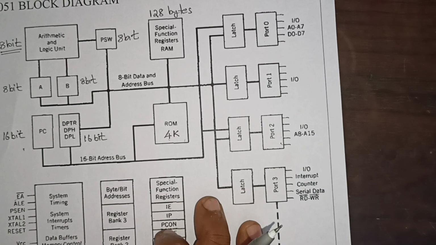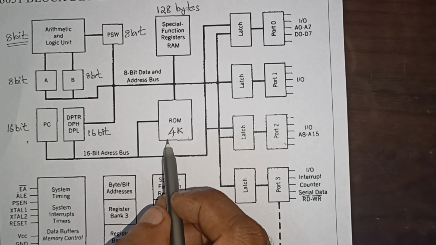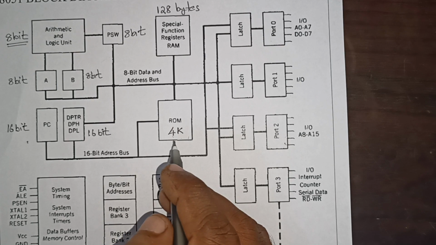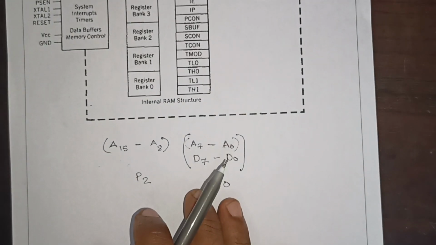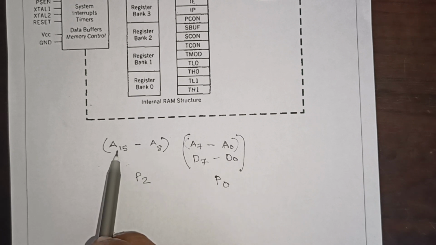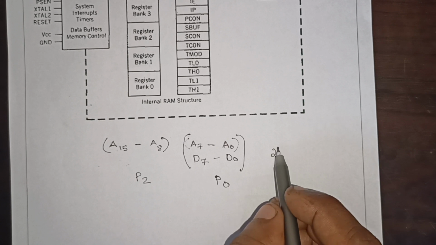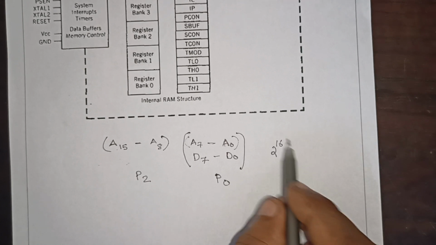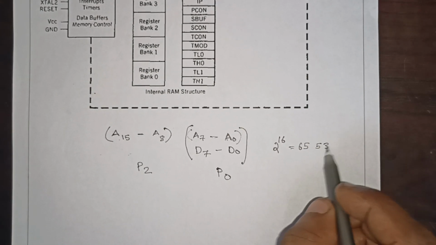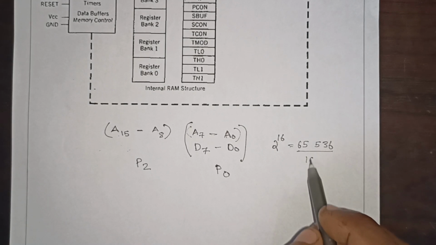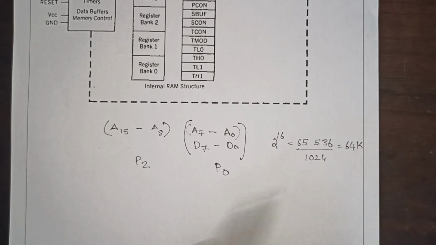So what is the maximum memory that can be connected to our 8051? The answer is 64K. How many address lines are there? We have 16 address lines. So 2 raised to 16 gives 65,536. Divide it by 1024 and this is 64K.